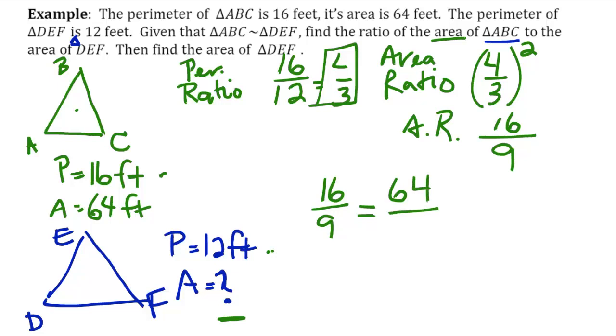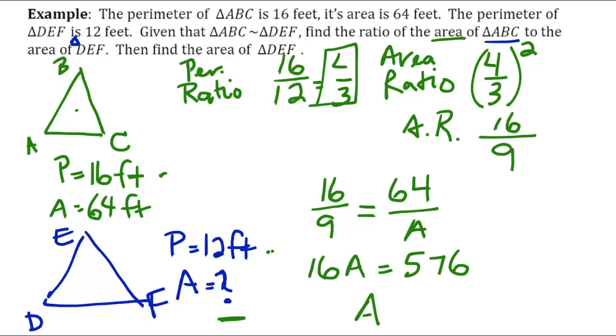And then 9 is the bottom figure. So we put the area that we're looking for on the bottom. And now I'm going to cross multiply. So I'm going to get 16a equals 9 times 64. And that is 576.